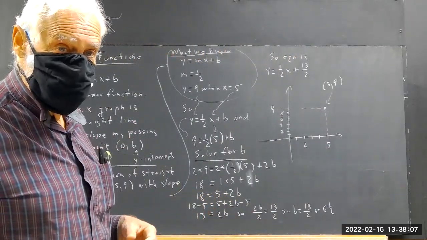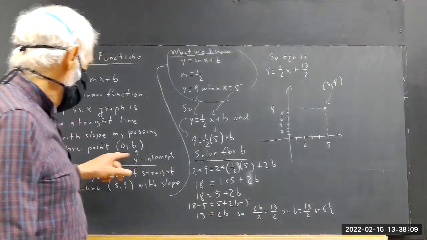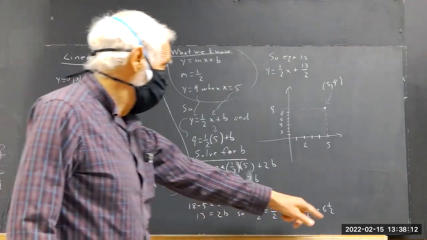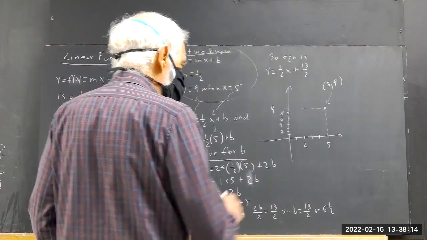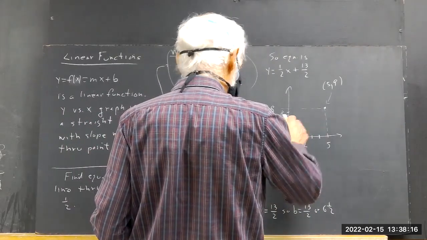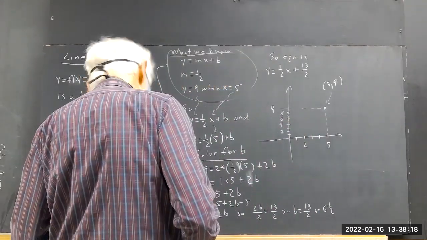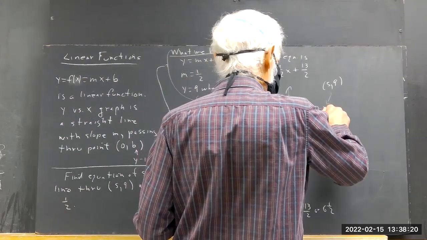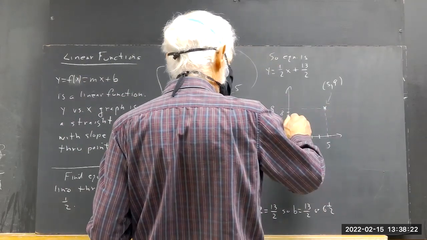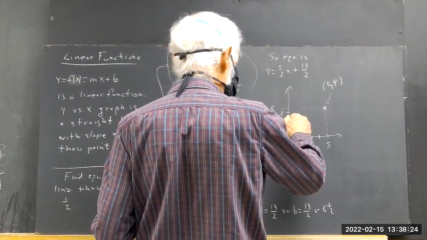Okay, so there's our point (5, 9), and our point (0, b) is (0, 6.5). Just to distinguish things from the white marks, there's 6.5, right?